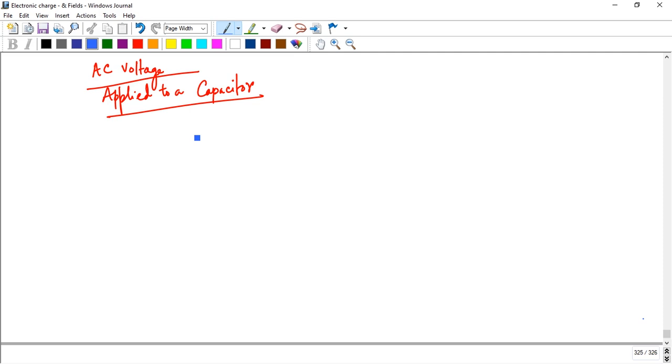So today, AC voltage applied to a capacitor, and the capacitor is in series. The circuit looks like this: an AC voltage source with a capacitor in series.